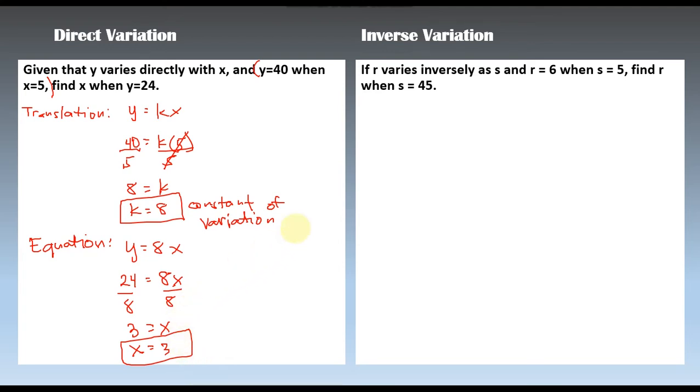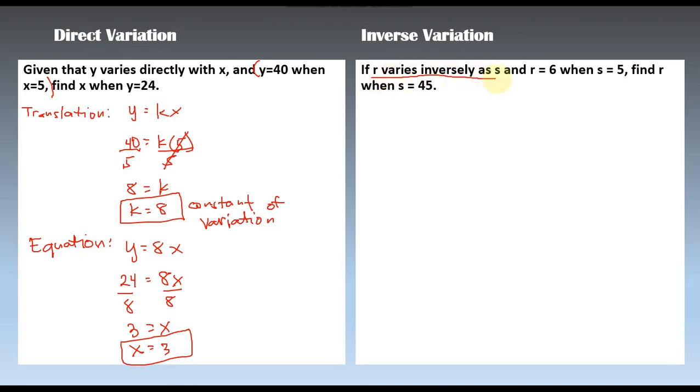Now let's go with inverse variation. If R varies inversely as S and R equals 6 when S equals 5, find R when S equals 45. So again, start first with the translation.